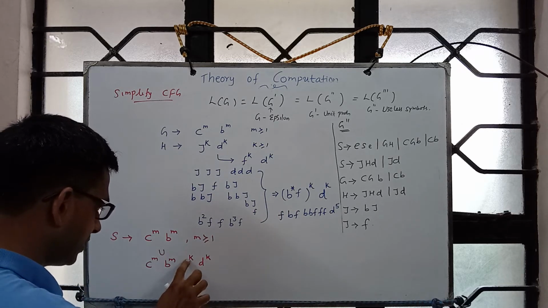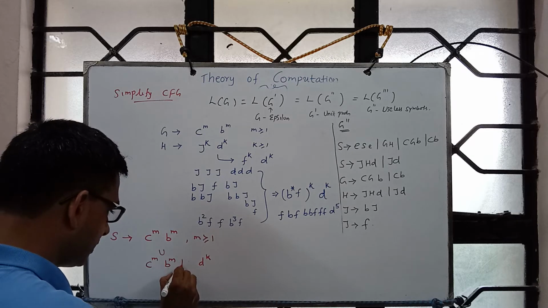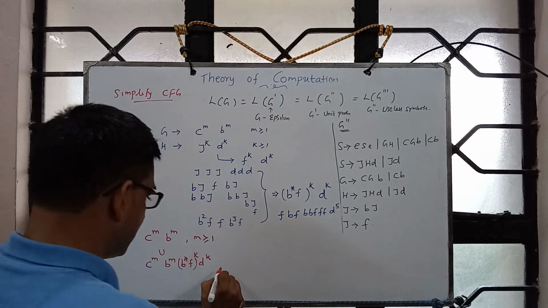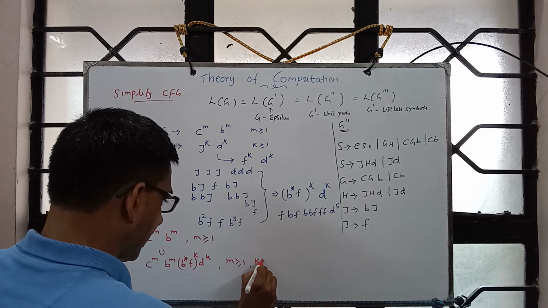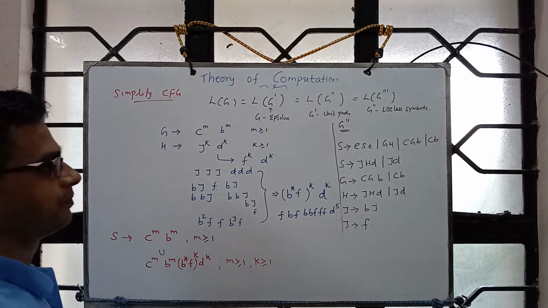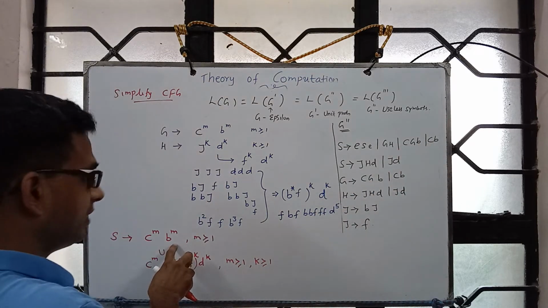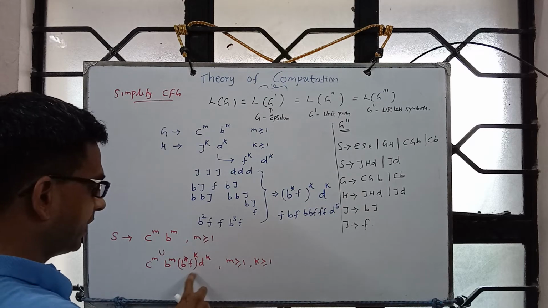So which means what we get is B star f to the power k followed by this, where m is at least 1 and k is at least 1. So if we take this, then we get this. If we take this, then for G it is this, for H it is this.